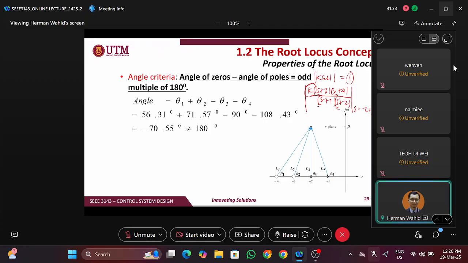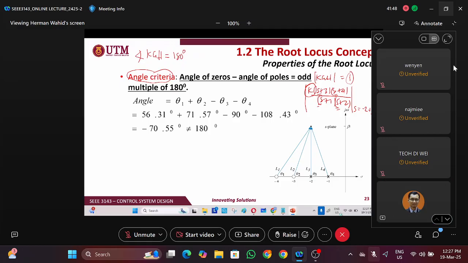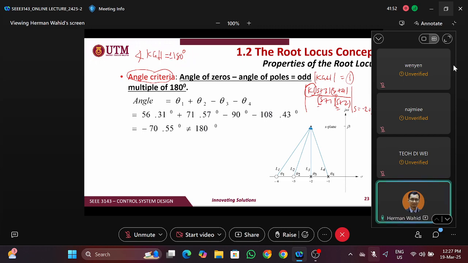So we move on to another criteria, which is the angle criteria, where the angle of KGH is equal to 180 degrees. Basically it's plus minus 180 degrees. So this is the criteria, but how can we calculate the angle here?